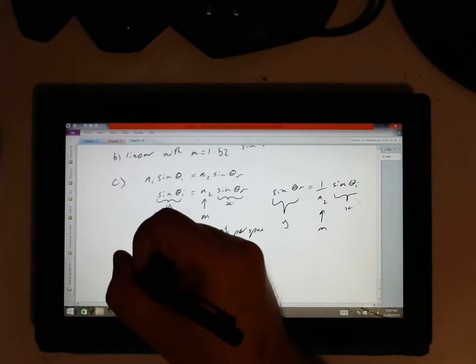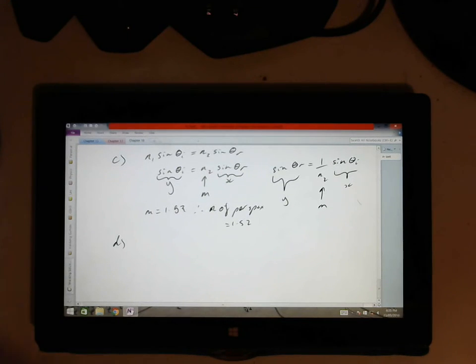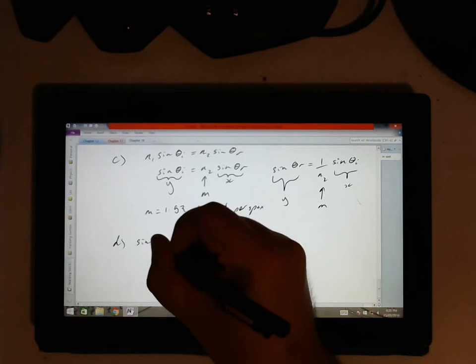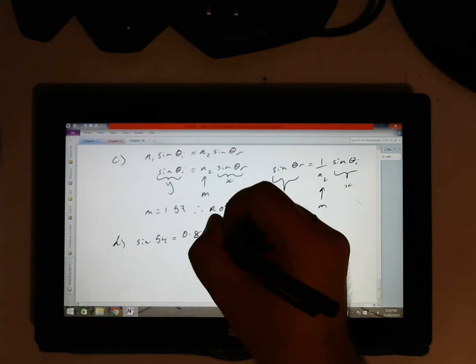Now D, a bit tricky. Seems easy, but a little bit trickier. What is the angle of refraction if the angle of incidence is 54 degrees? Well, we don't have incidence angles here. We have sines. So we need to take the sine of 54 and find that number in our graph. Sine 54 equals 0.809, so let's go 0.81.